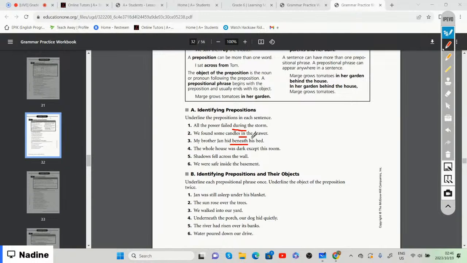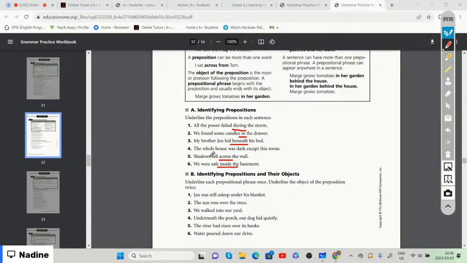So we need to select the preposition. And then we have shadows fell across the wall. If we select our preposition there, then we can say it is across. And we were safe inside the basement. Where? Inside.